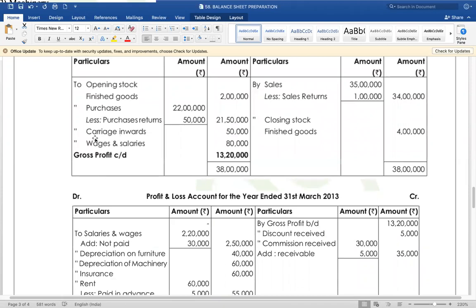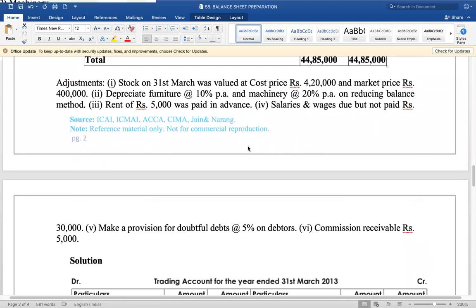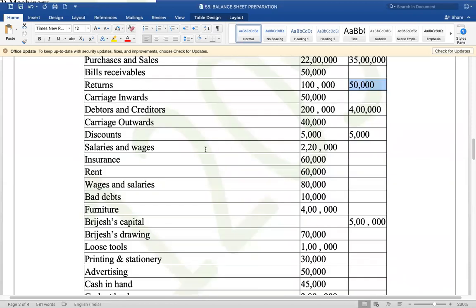And you will also take the carriage, the transportation charges. That's carriage inward, to bring this 21 lakhs 50,000 worth of material. Whatever transportation you have incurred, that's carriage inward, 50,000. And you will take wages and salaries, that's 80,000. Then on the right hand side, the credit side, you will take the sales.